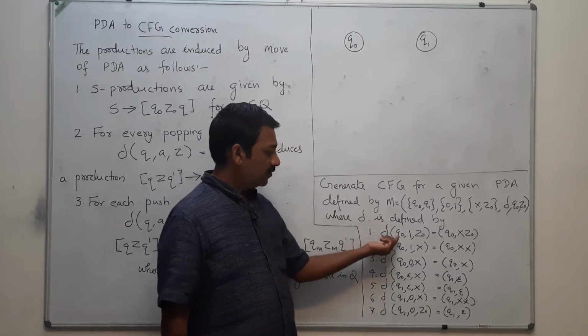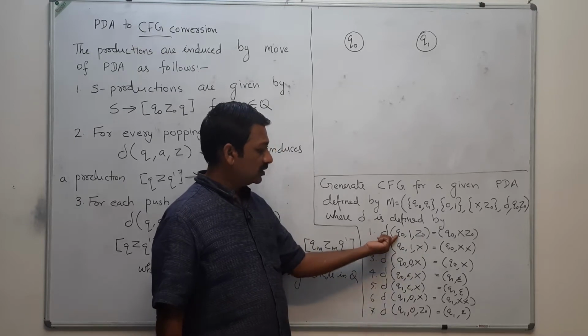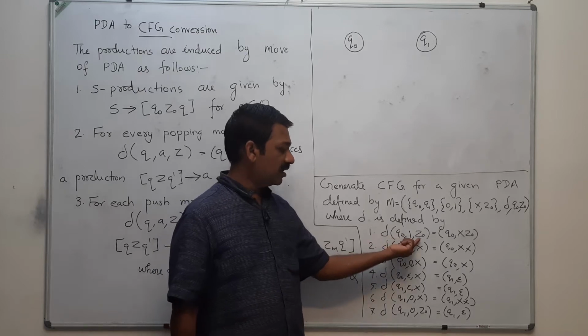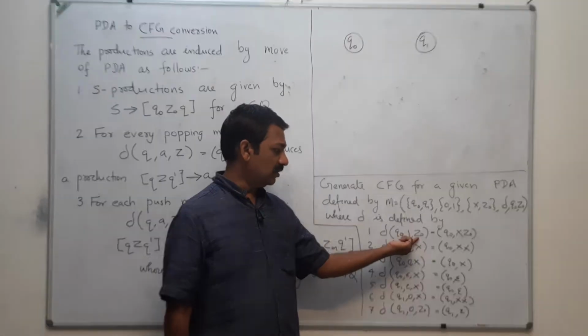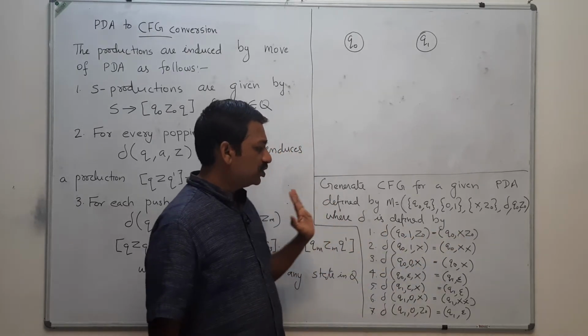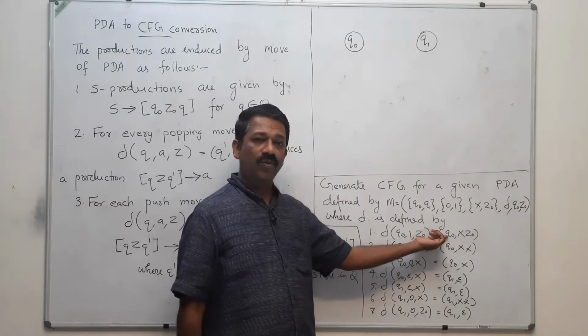Delta of Q0, 1, Z0: that means if Q0 is the current state, the input symbol is 1, and the current top of the stack is Z0, then it goes to Q0 with XZ0, which means it pushes X onto the stack and stays in state Q0.